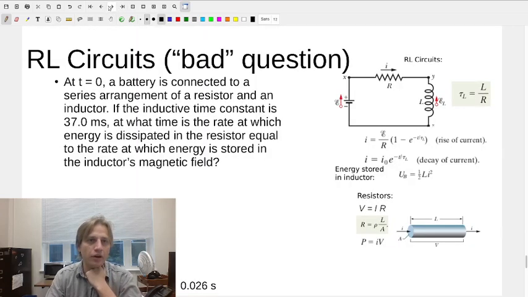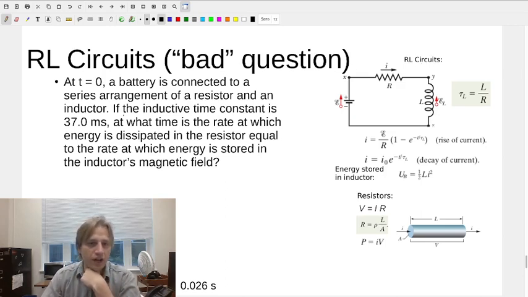A bad question using RL circuits is the last one that I gave you on your homework this week, and I know this one is tricky, so let's talk about it a little bit more. It says at t equals 0, a battery is connected to a series arrangement of a resistor and an inductor. Recognize that is an RL circuit.